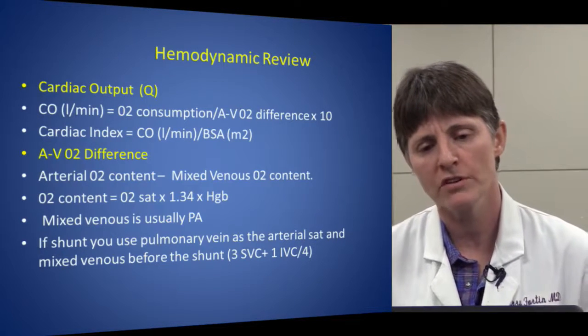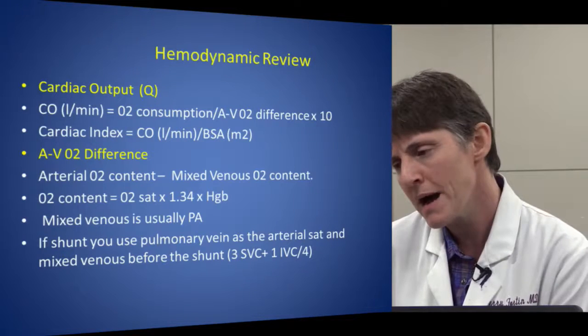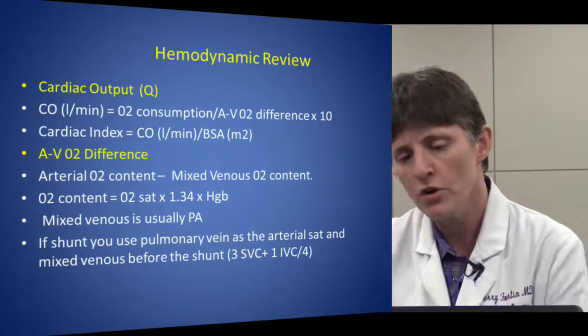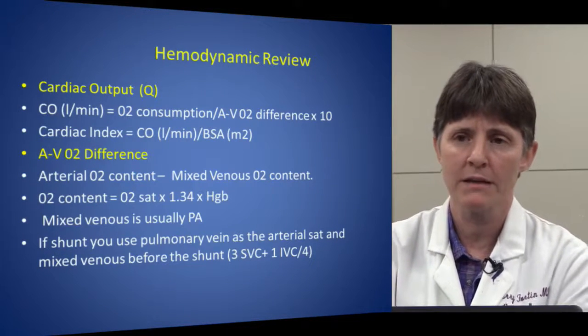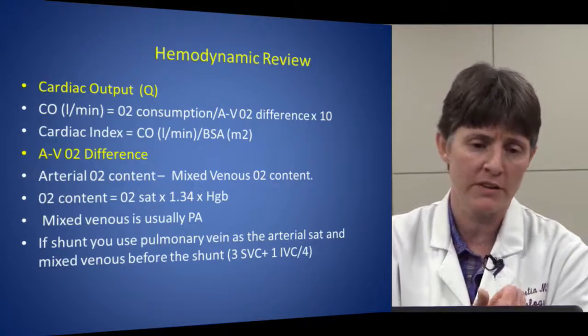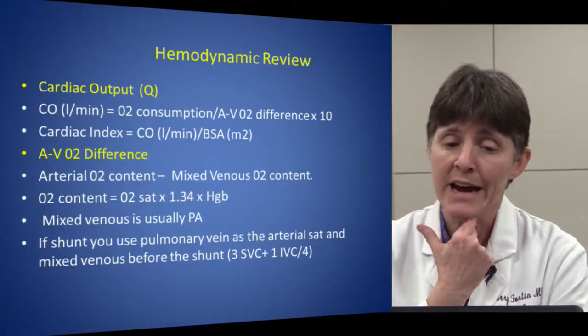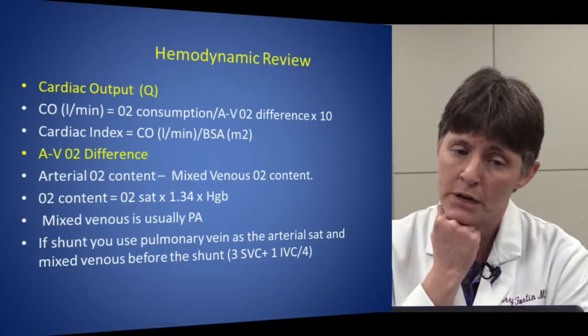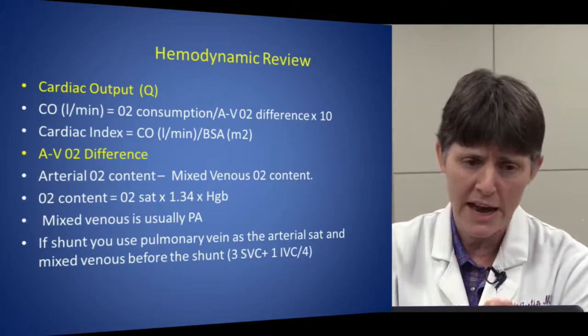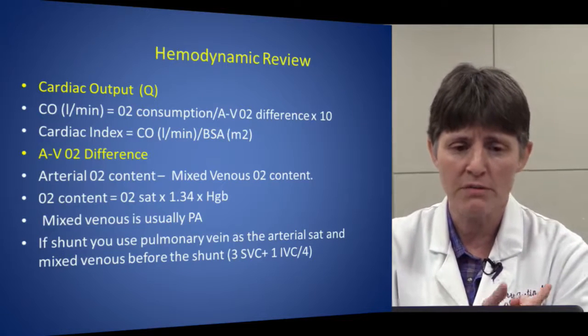Because that extraction is very different, right? We all need a certain amount of energy to go to a muscle bed, and that oxygen that's delivered depends on the sat that gets there, so the oxygen, as well as the capacity to carry oxygen, and that's our hemoglobin. Again, we're going to use our PA sat, our pulmonary artery sat, as our mixed venous.